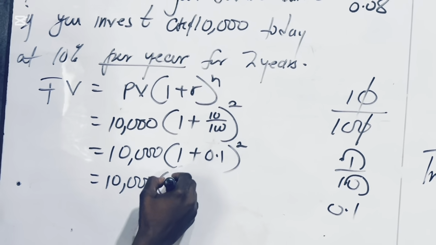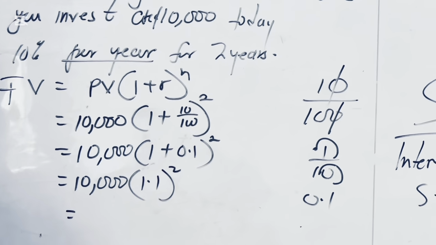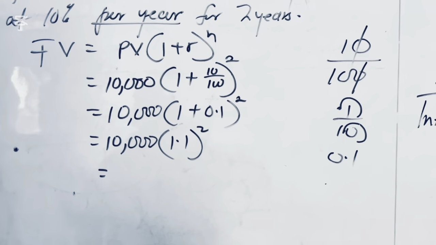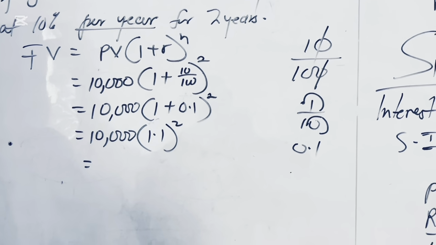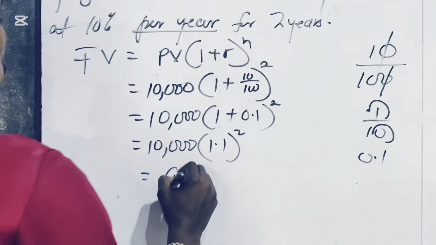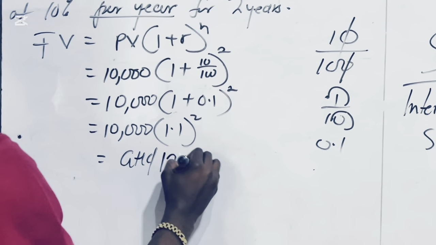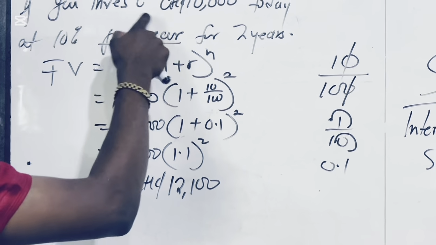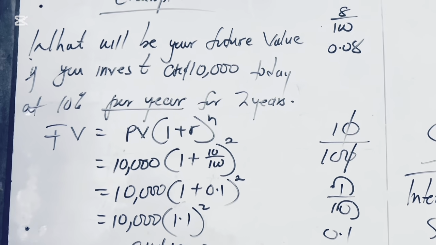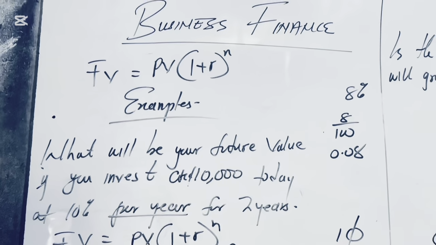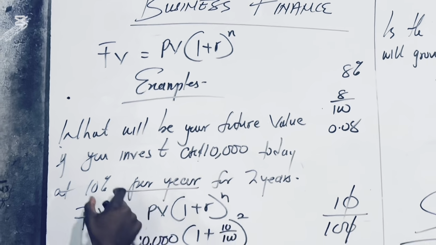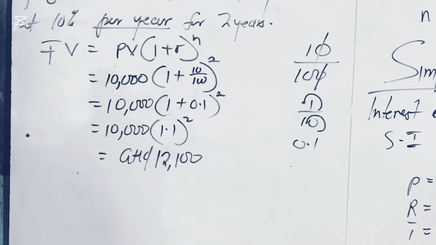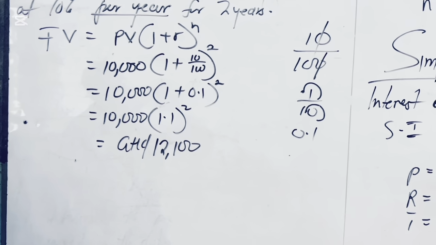So 1 plus this will give you 1.1 raised to the power 2. So now, 10,000 multiplied by 1.1 raised to the power 2 will give us 12,100. What it means is that if I invest 10,000 Ghana cedis today and I leave it for 2 years, assuming the interest rate is 10%, I am going to get 12,100 Ghana cedis. That is it.